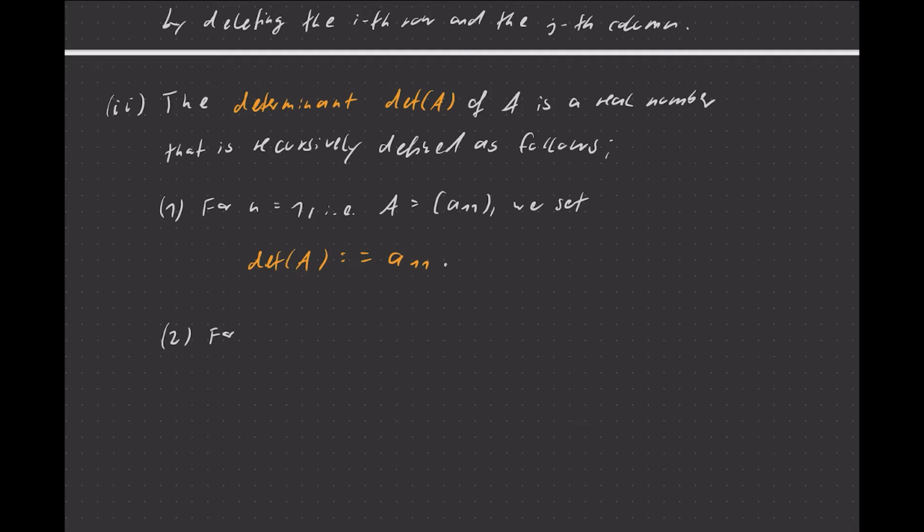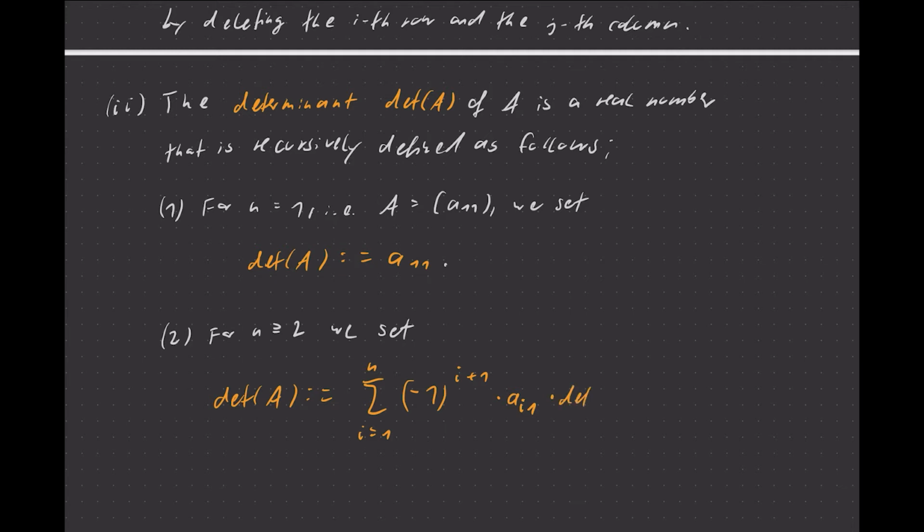So more precisely, for n at least 2, we set the determinant of A to be the following sum from i equals 1 to n of minus 1 to the power of i plus 1 times the entry Ai1. So first column, 1 here denotes the column, and i here denotes the row. So we go down the first column as we increase this i.